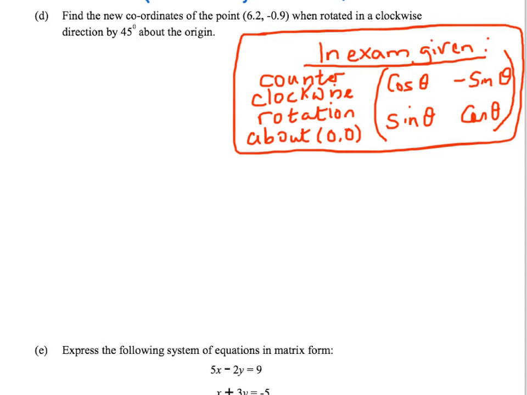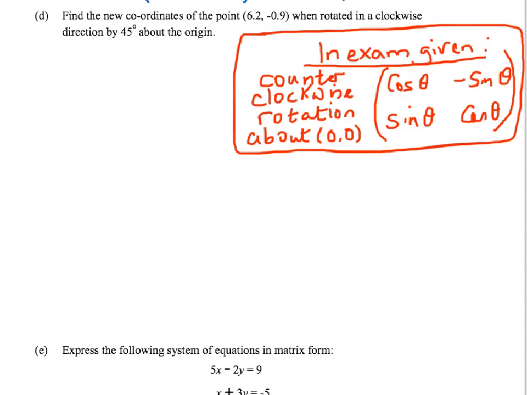And that's written here: cosine theta, minus sine theta, sine theta, cosine theta. Make sure that your calculator is in degree mode, because the angles are given in degrees, and cosine and sine are buttons on your calculator, COS and SIN.